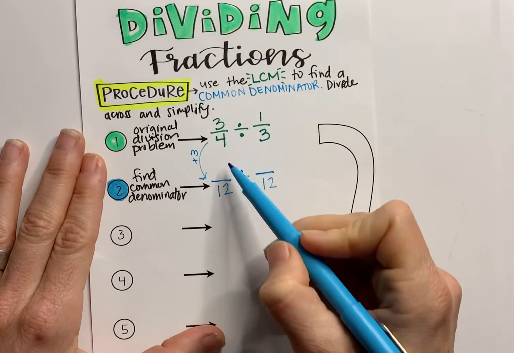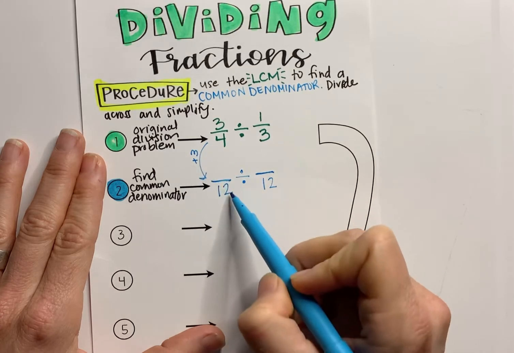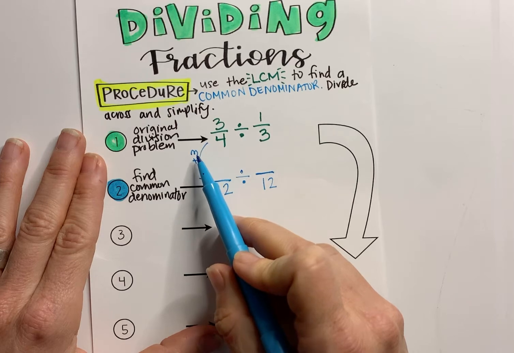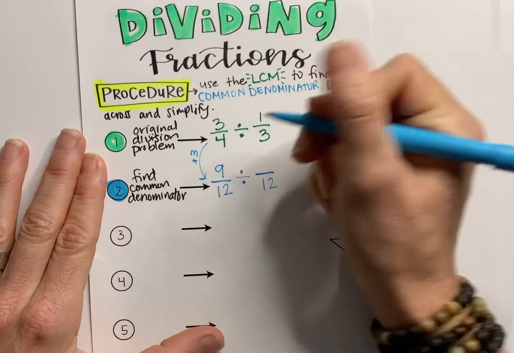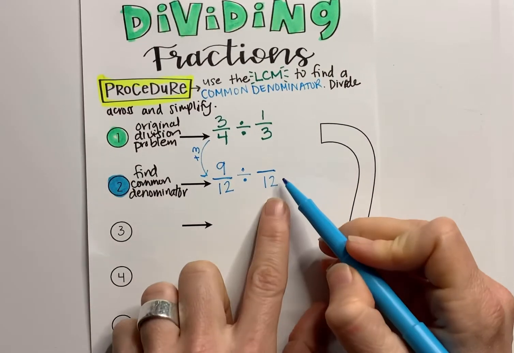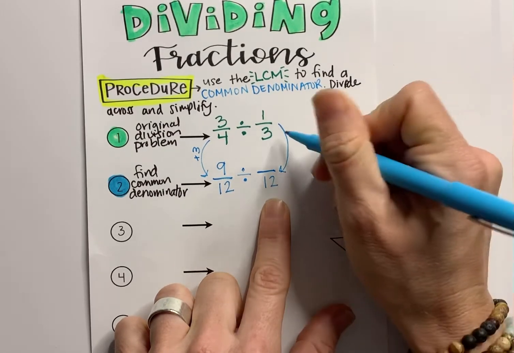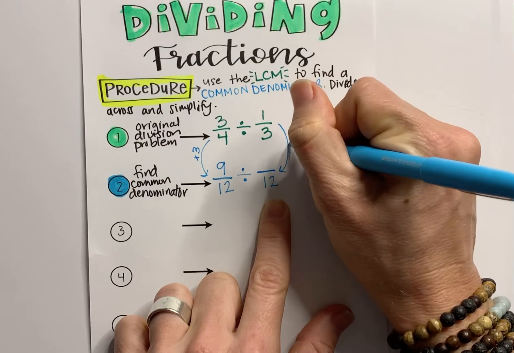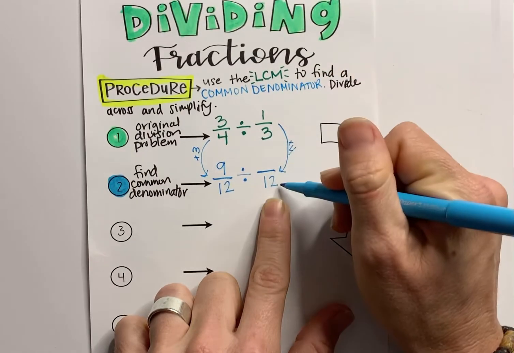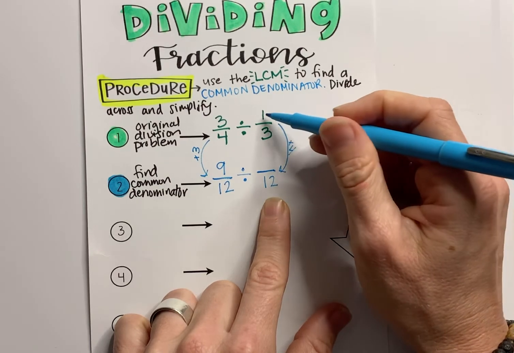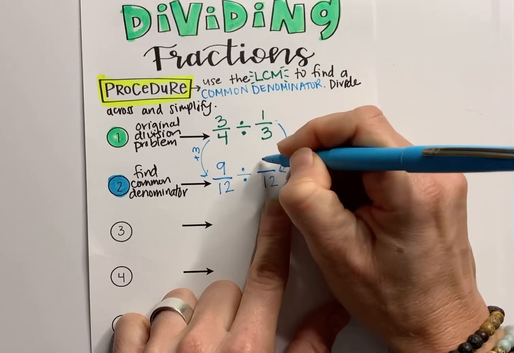For my 3/4, I multiply my denominator by 3, which gives me 12, and then I multiply my numerator by 3, which gives me 9. I'll go through the same process over here. If I'm converting to twelfths, 3 times 4 gives me 12, so I'm increasing this fraction by a scale factor of 4. So 1 times 4 is 4.